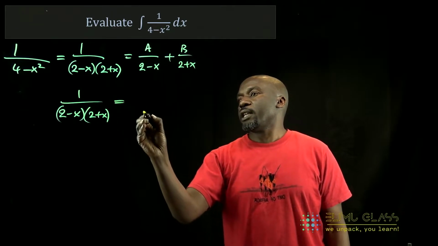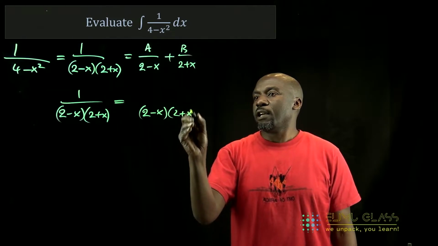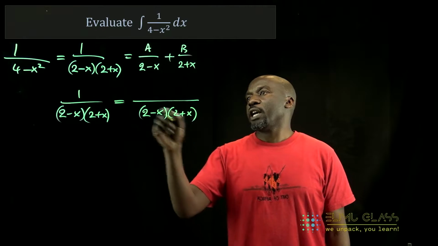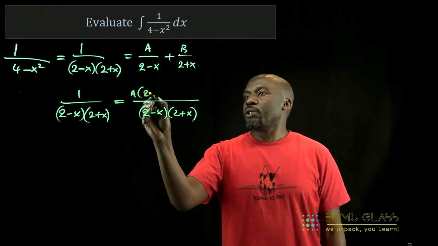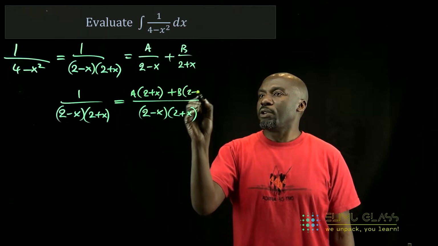So this is the same as 2 minus x into 2 plus x. I'm combining the denominators here, and so the same way we add fractions, this becomes a into 2 plus x, and then we say plus b into 2 minus x.